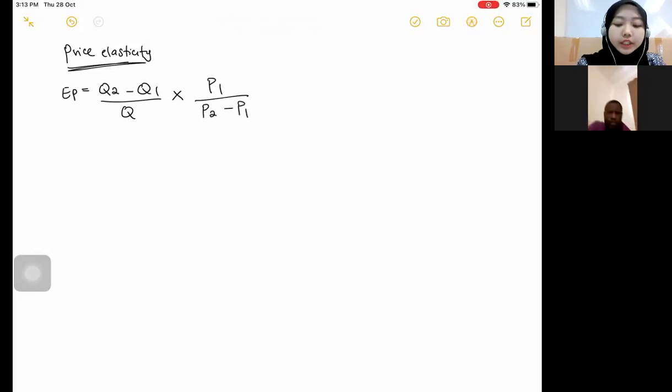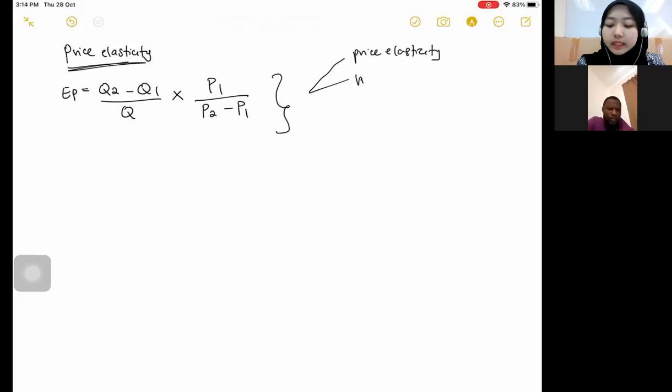Like I mentioned, we will use the same formula for each elasticity, meaning this is the formula that we will use to calculate price elasticity, income elasticity, and also cross elasticity.